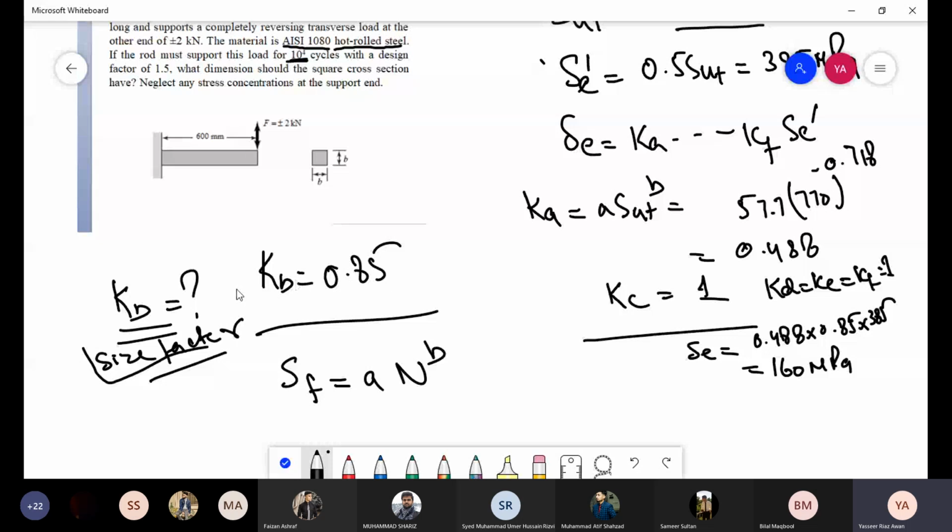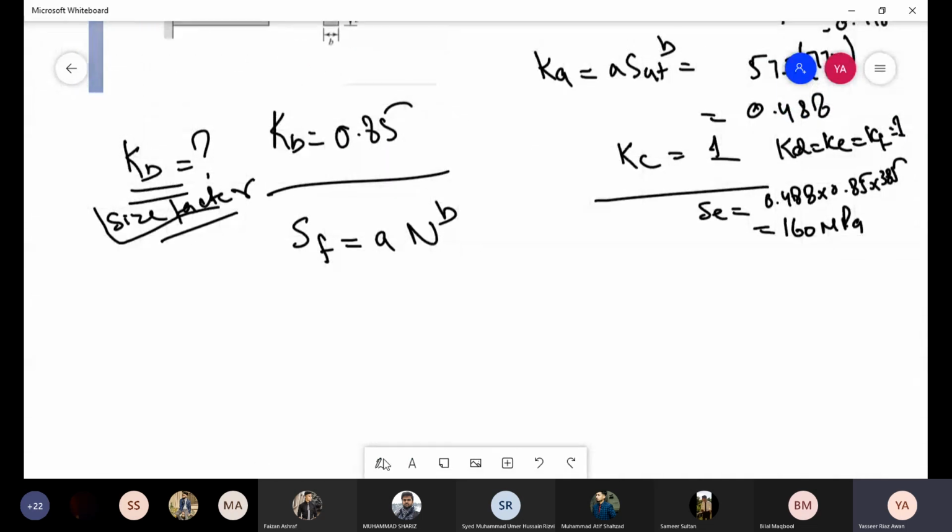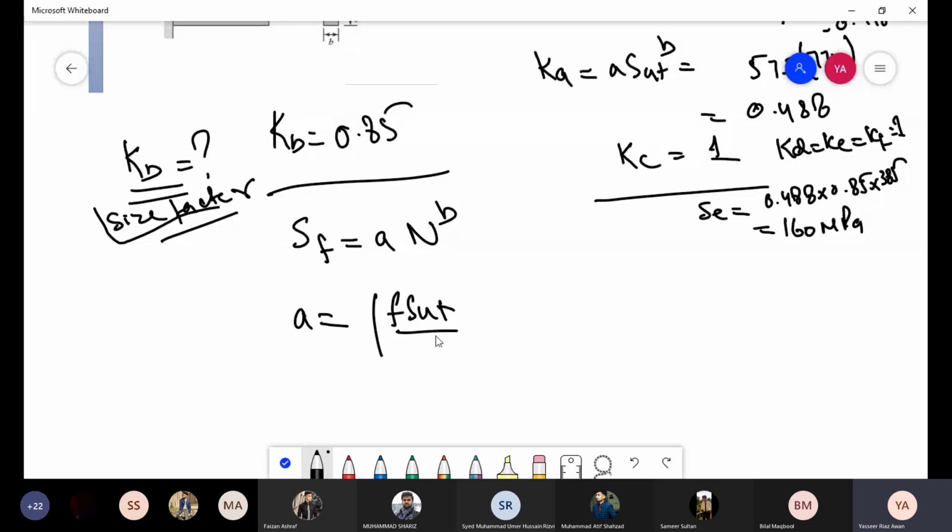We know that it's a linear relationship between the number of cycles and the fatigue strength, culminating at 10^6 cycles where you get the endurance limit, and 10^3 cycles where you get some fraction of ultimate strength. Okay. And these A and B are material related parameters found by these equations.